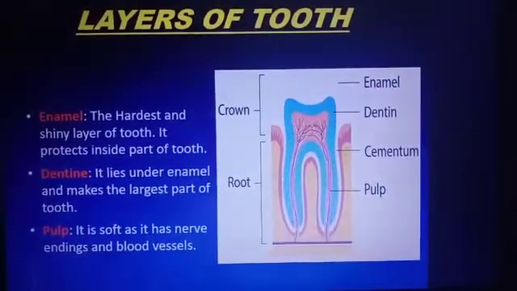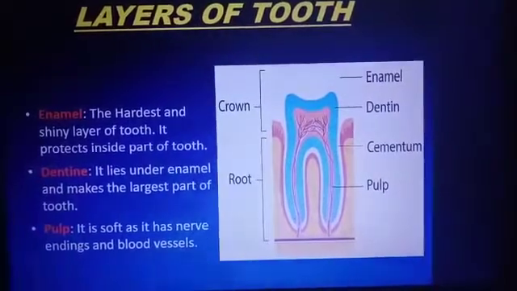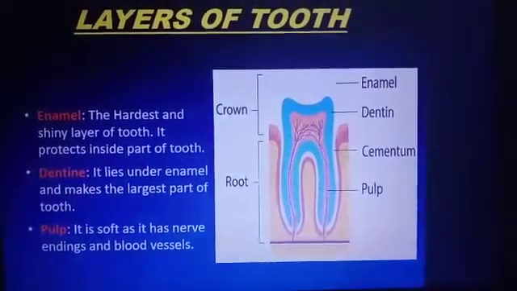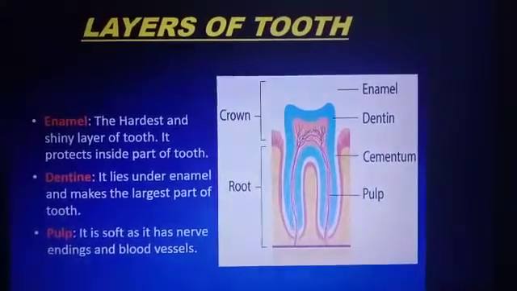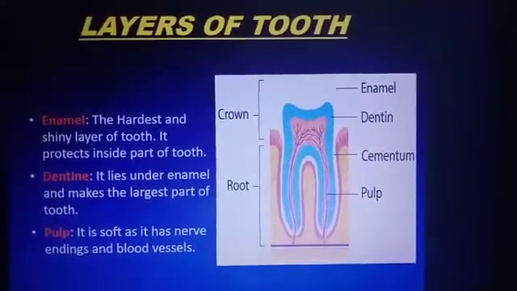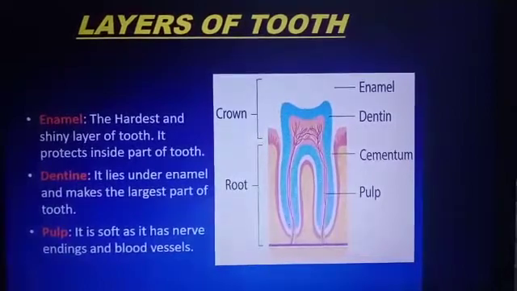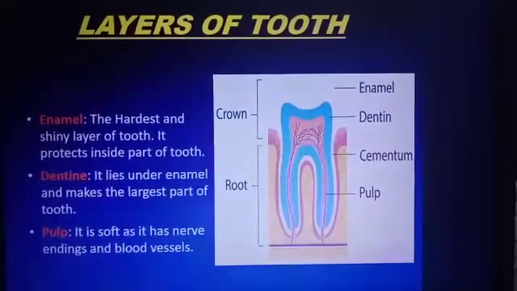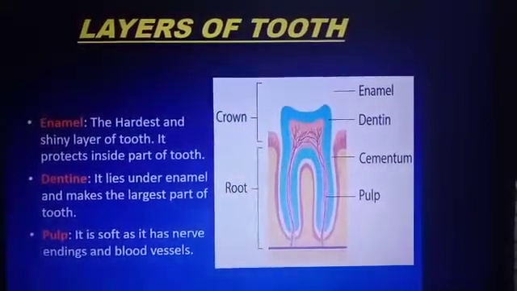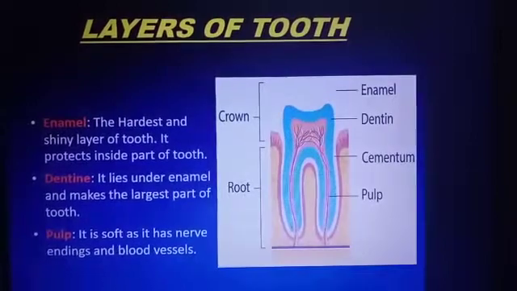After parts of tooth, we need to learn about different layers of tooth. There are 3 layers of tooth: enamel, dentine and pulp. What is enamel? The hardest and shiny layer. Out of the 3 layers, the hardest is enamel, which protects the inside part of tooth. The second layer is dentine.